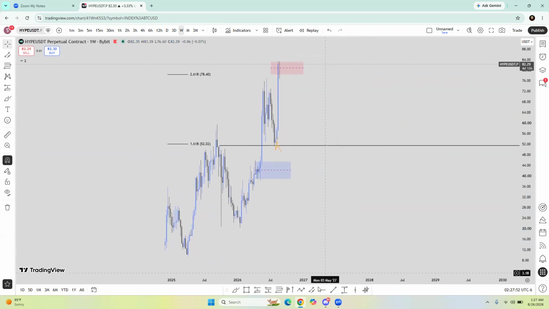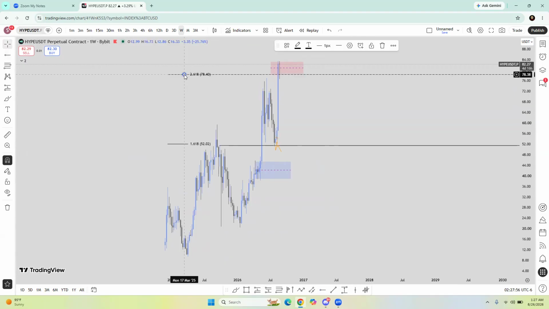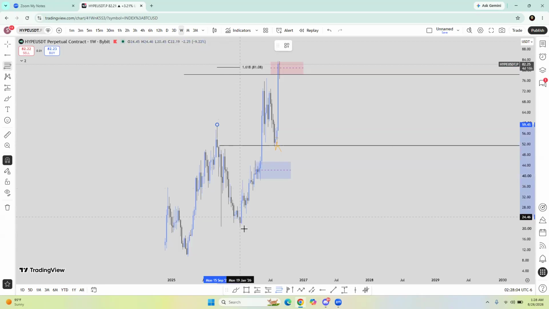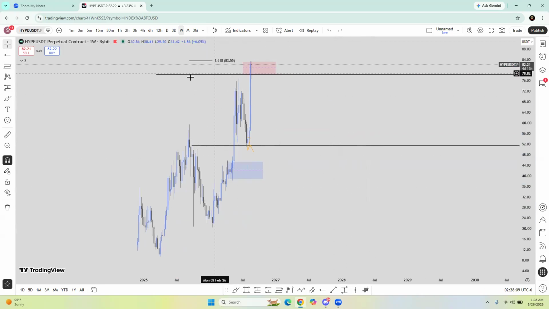Look at the 2.618 here. Remove it. Again from high to low. Now with that extension, look at this extension level, how beautifully it retests.